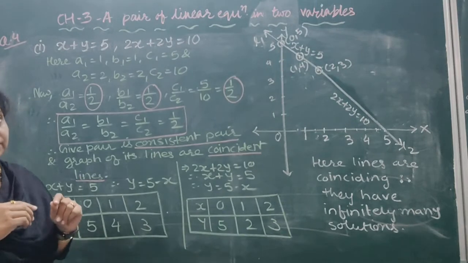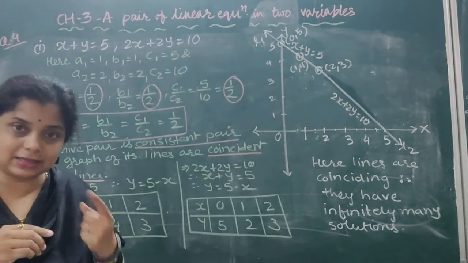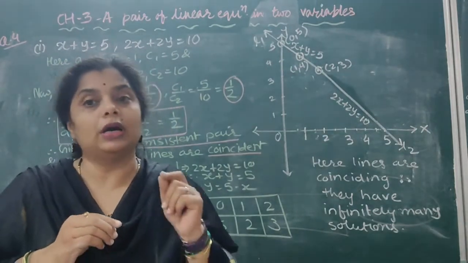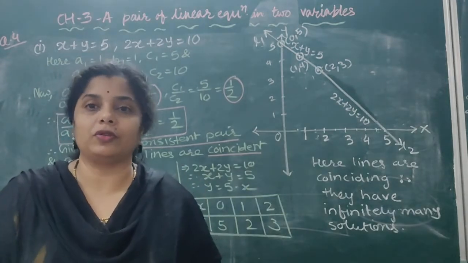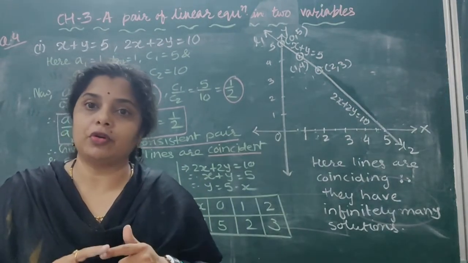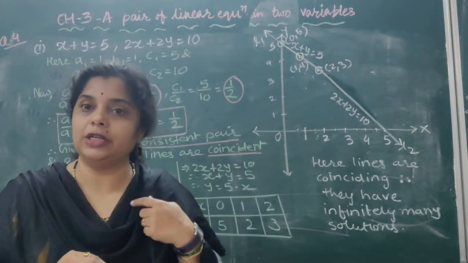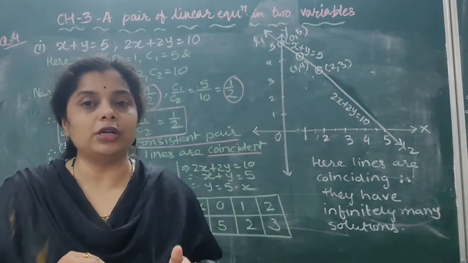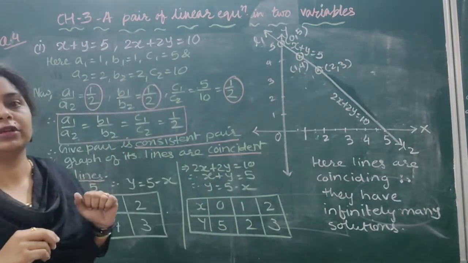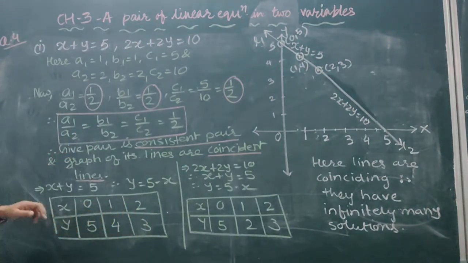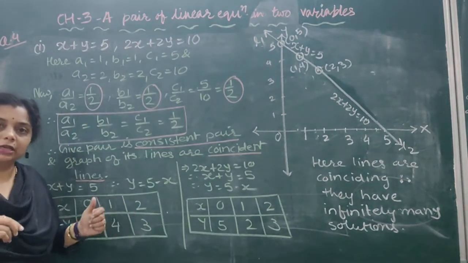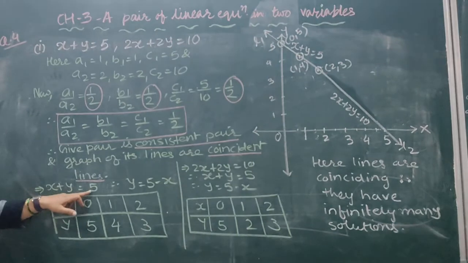But here we have to do one extra thing, that we have to show a graph of this pair of linear equations also, and therefore to draw a graph we need points. And how to get the points? By using the given pair of linear equations, as we already studied in an earlier class. x plus y is equal to 5.